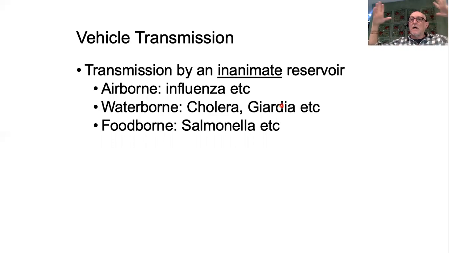This population of droplets in the air that we are continually exposed to may contain infectious agents, especially virus. It's not so important for bacteria. There are 1 or 2 bacteria where it may be important, tuberculosis being one of them, but it's much more important for viruses.